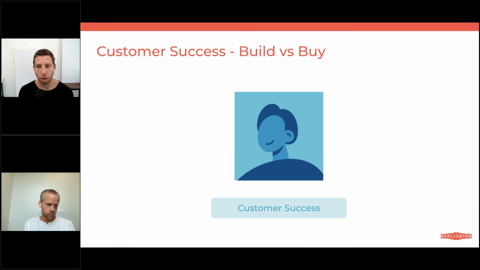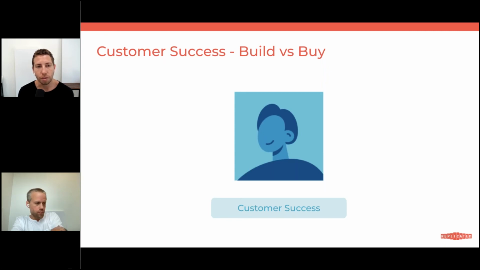A really good platform is going to provide a bunch of information about how customers are actually using your tools. What are they adopting? Are they updated? Are they upgraded? Do they need any help? Are they happy?